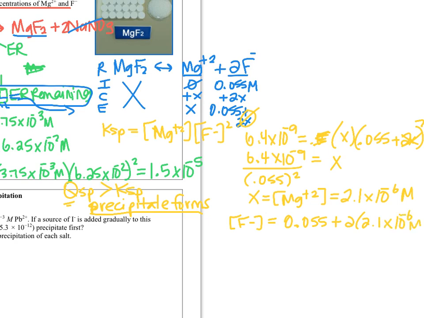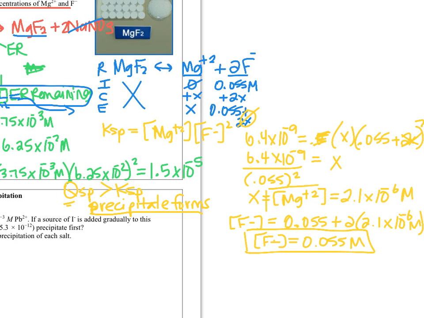Now, hopefully, when you do this, you realize that's not going to appreciably change the 0.055. So my concentration of fluorine is essentially still, when you do the math, 0.055 molar, because I had such a large concentration compared to the K value, or the equilibrium value.